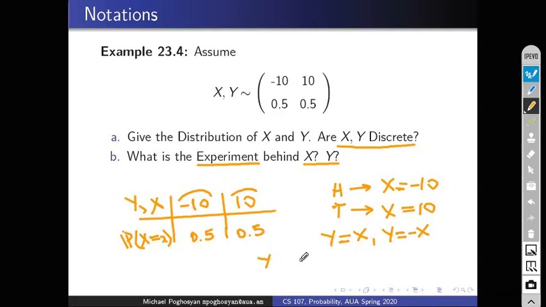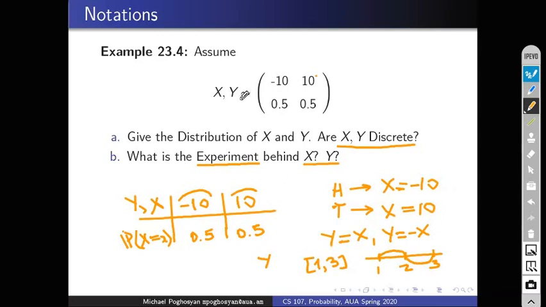Let me give another example. Say I'm picking a point at random from the interval 1, 3. If my point is from 1 to 2, then y is equal to minus 10. If my point is between 2 and 3, then the value of y is 10. Again, I will have the same distribution, but on a completely different experiment.